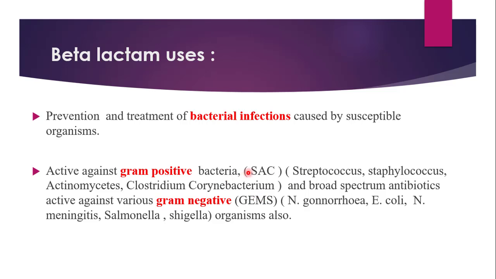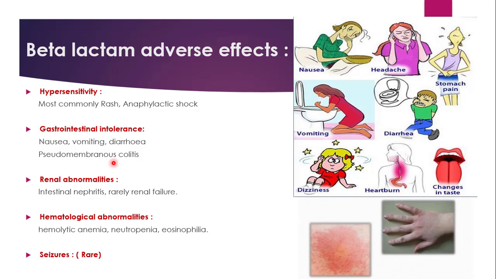So S is twice, C is twice, and in between A, which is alone. So it is active against both gram positive as well as gram negative bacteria, and it helps in preventing and treating bacterial infections caused by susceptible organisms.